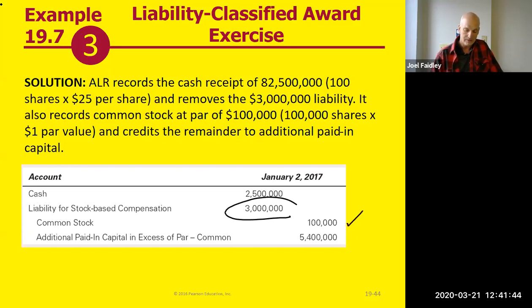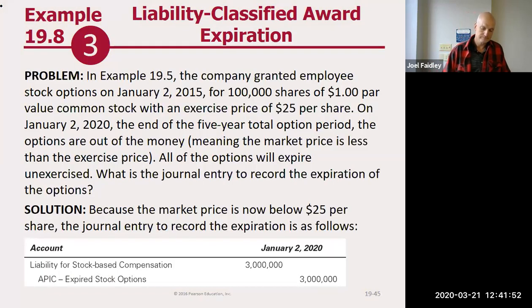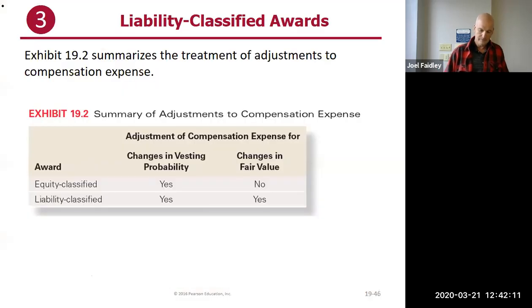There's common stock at par, then that is my plug number. 5.4 million. And if they expire, there's the entry for it being expired. Debit liability at the bottom. Credit, equity. Liability, equity. Not too bad, just stuff to remember.